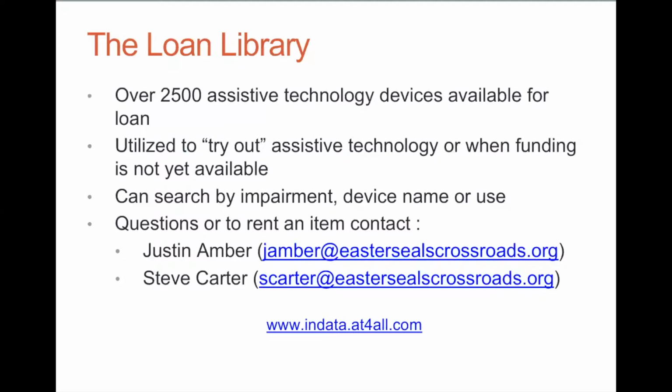I can search for vision, and it'll bring up anything that we have that might be able to help someone with a visual disability. Or if I'm looking for a certain device, I can look it up. It'll tell me if it's in stock, if it's available for loan. Those loans are available to anyone in the state of Indiana. You don't have to have a documented disability. And the reason for that is a lot of times caregivers, family members want to borrow it in order to show it to the person.